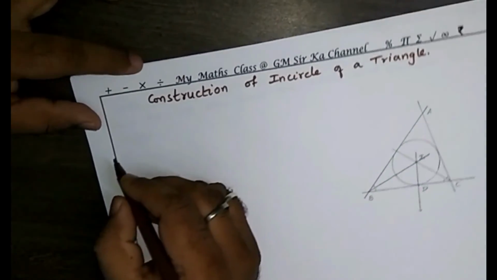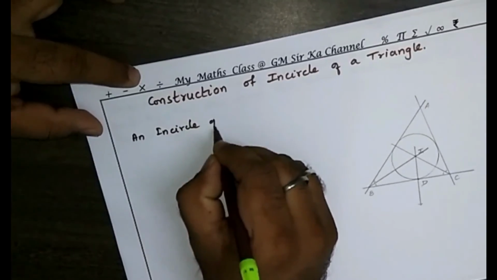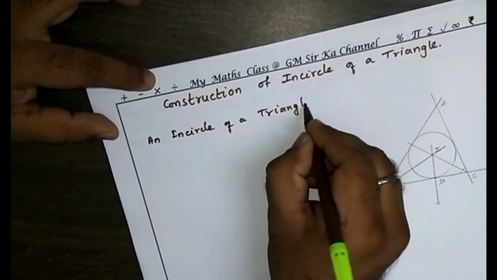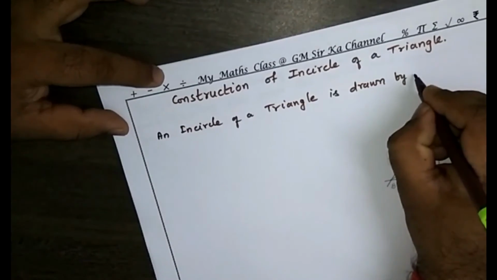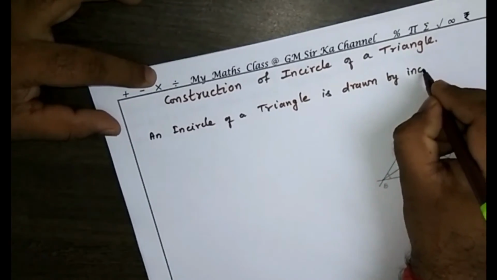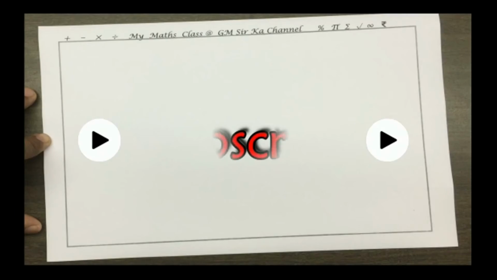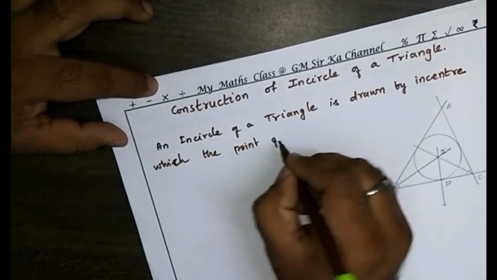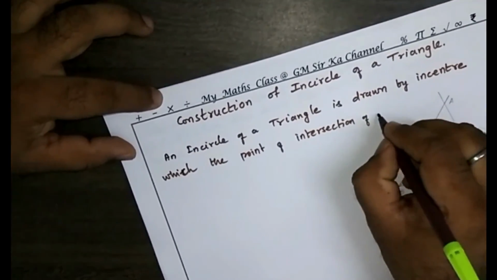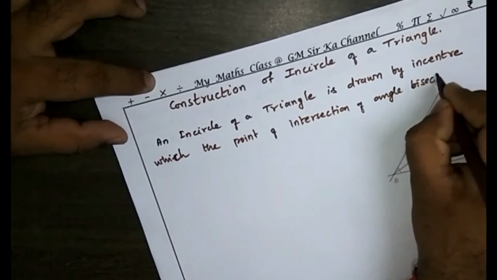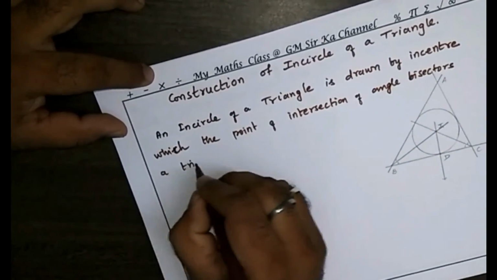Okay, so we can write: an incircle of a triangle is drawn by the incenter, which is the point of intersection of the angle bisectors of a triangle.